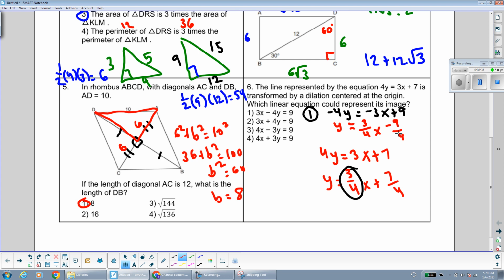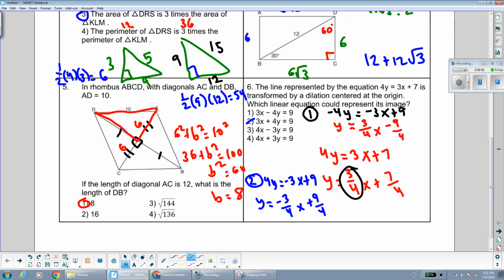So this could be number 1 because it does have the same slope of 3 over 4. Let's check out number 2. For number 2, 4y equals negative 3x plus 9. And then divide everything by 4. Yeah, number 2 doesn't work because it has a slope of negative 3 over 4.